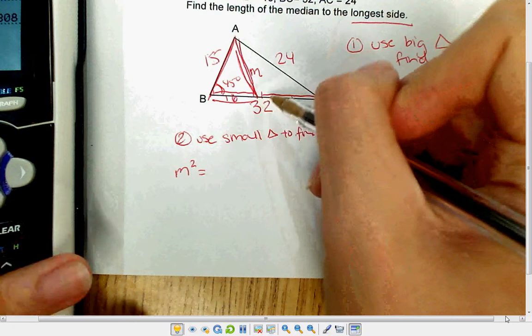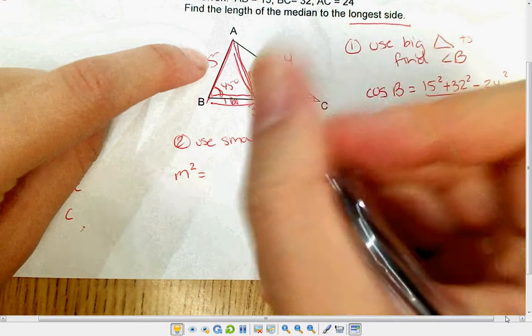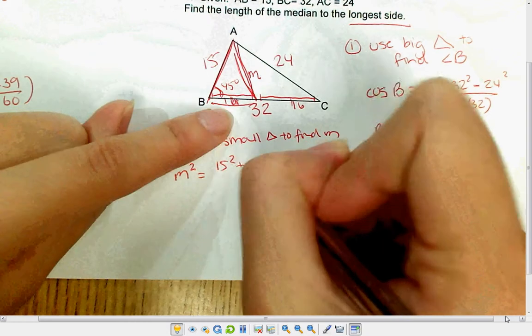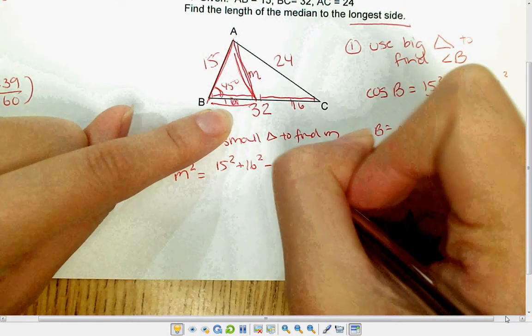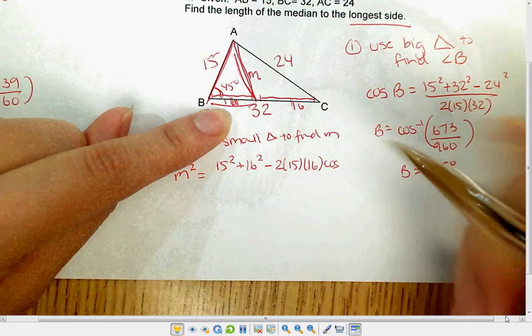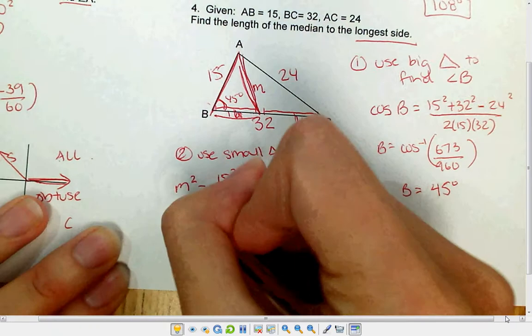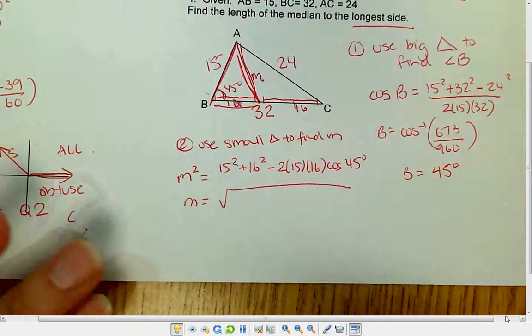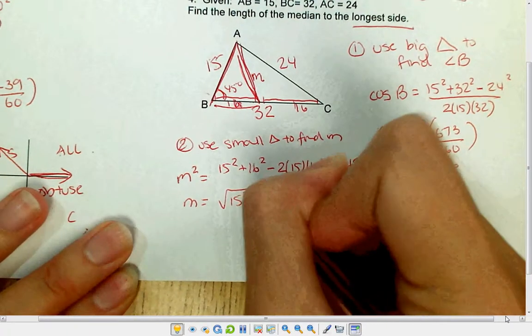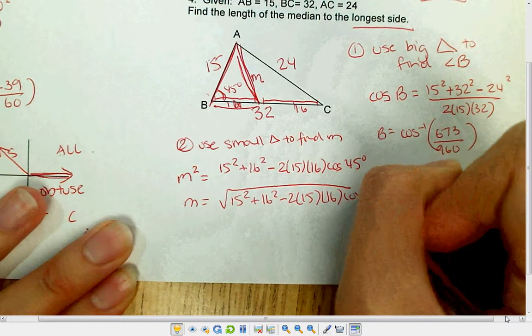M squared equals the other 2 sides, so 15 and 16. Now I'm using the small triangle, so make sure you're using the sides for the small triangle. Minus 2, 15, 16. Cosine of the angle, which is 45 degrees. And so we're just going to find the square root of this entire thing, put it into our calculators, and this is going to give us our answer.